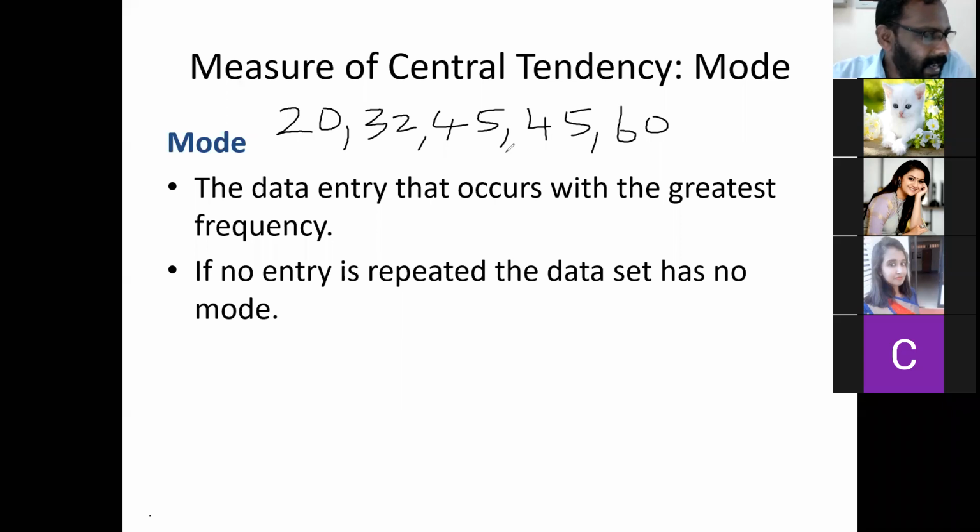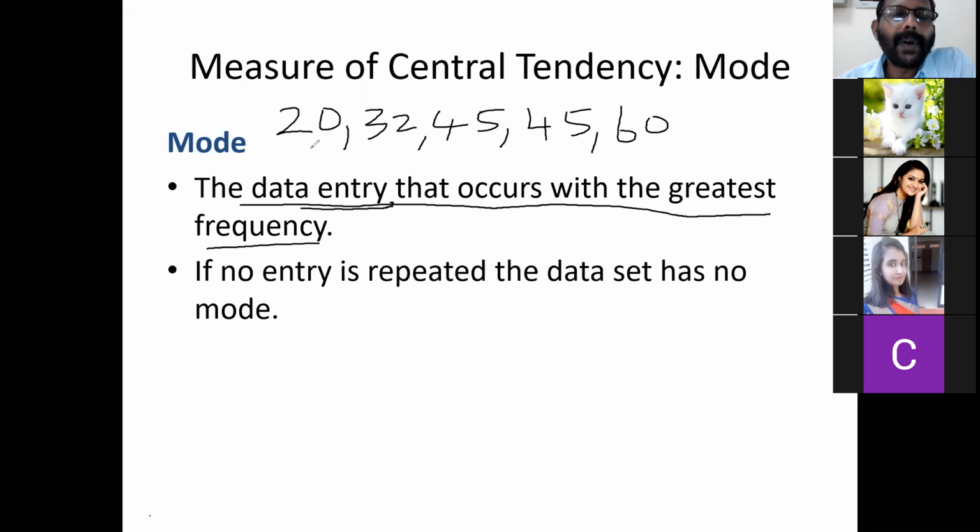Yeah, Tarsika, tell me what is the mode here in this example. There is no mode, sir. Can you just see? Because the mode is the data entry that occurs with the greatest frequency. So how many times is 20 occurring? One time. How many times 32 occurring? One time. How many times 45 occurring?